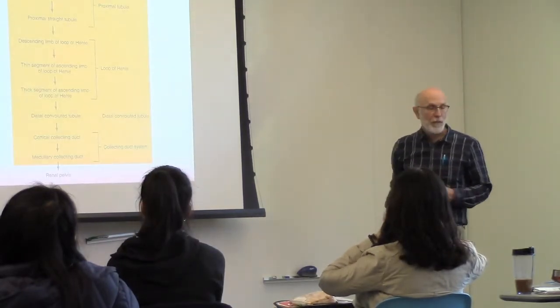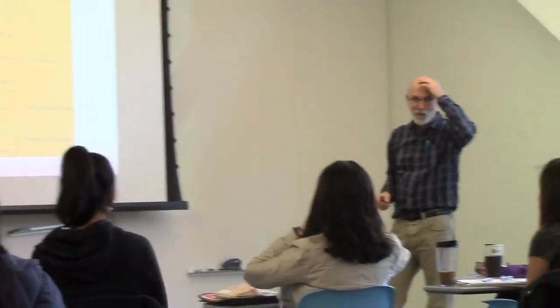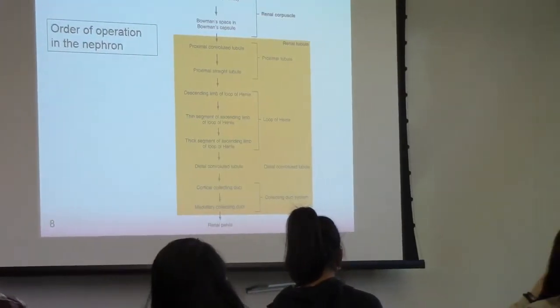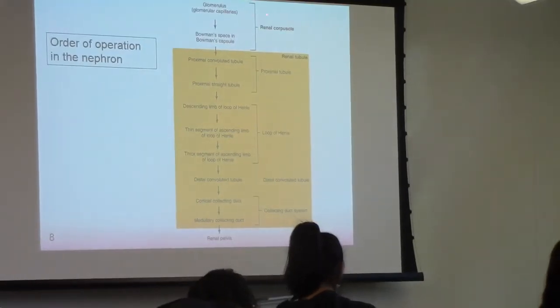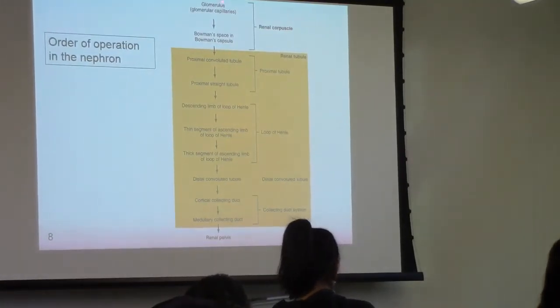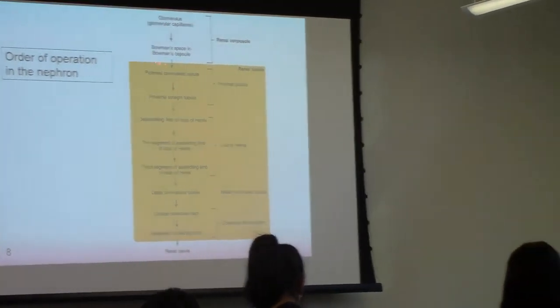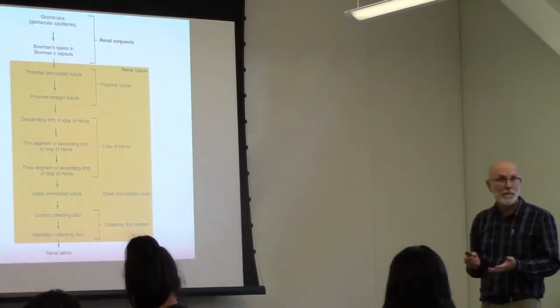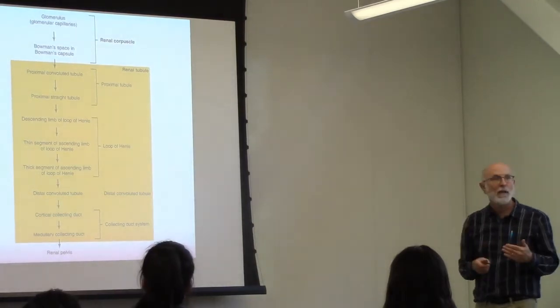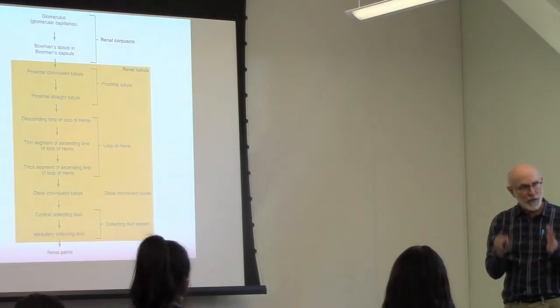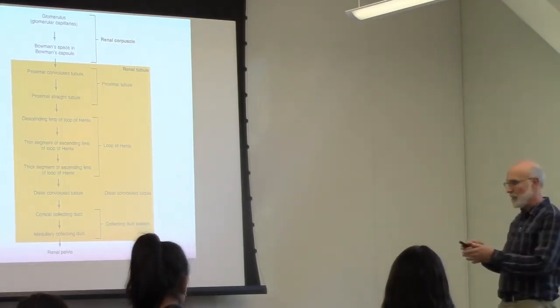So here's a slide which I printed for you, but I don't think you can read it, it's so small. So this is just a sort of an order of operation, and then we'll take a break. The glomerulus filters fluid into Bowman's space. So I'm just using the language again, but now we're not seeing the anatomy, so it's focusing on the physiology, and it's just a little simpler.